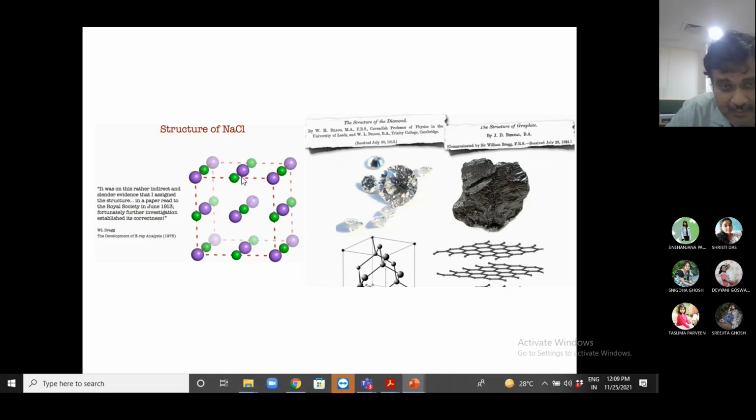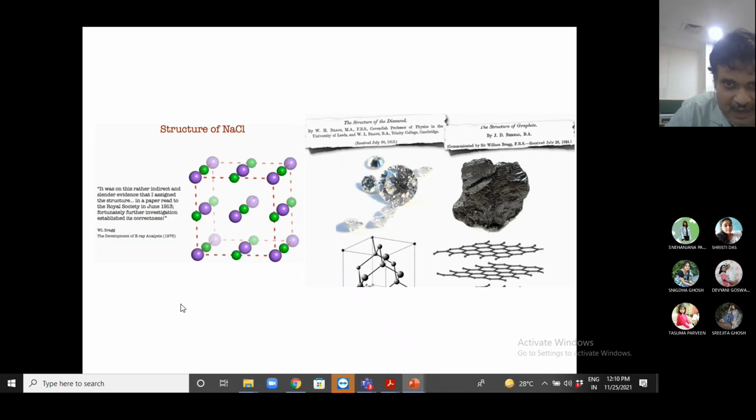There is no covalent bond sitting anywhere in that. So that was itself a very big discovery at that time. That broke the myth of an ionic bond. There is no ionic bond per se. There is attraction between negative and positive charge, and that in a regular repeating format gives rise to sodium chloride crystals.